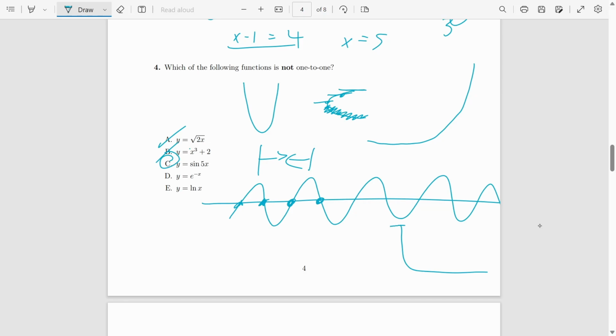So the other direction. That still passes the test, doesn't do anything. So that's still one-to-one. ln x is the inverse of e to the x, and since e to the x is one-to-one, that means its inverse is also one-to-one. So that one's one-to-one too. So we know our answer is C.